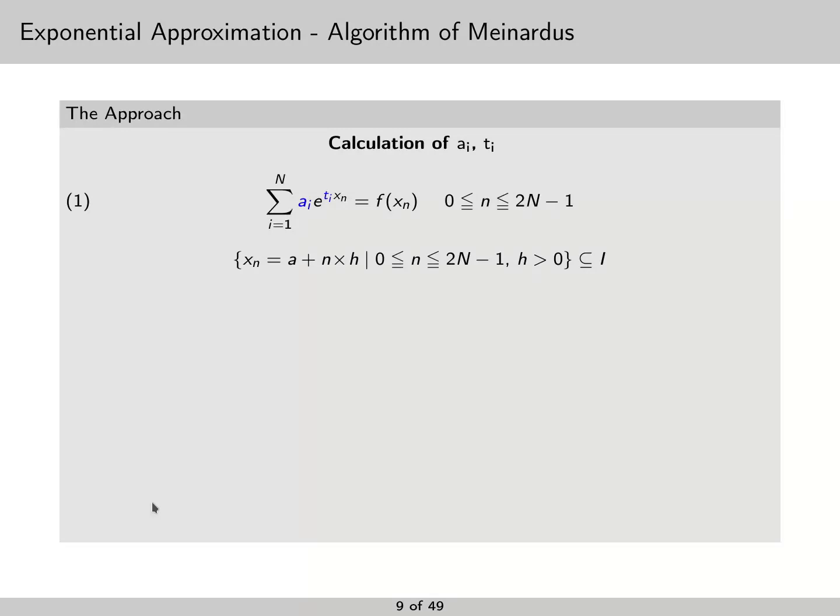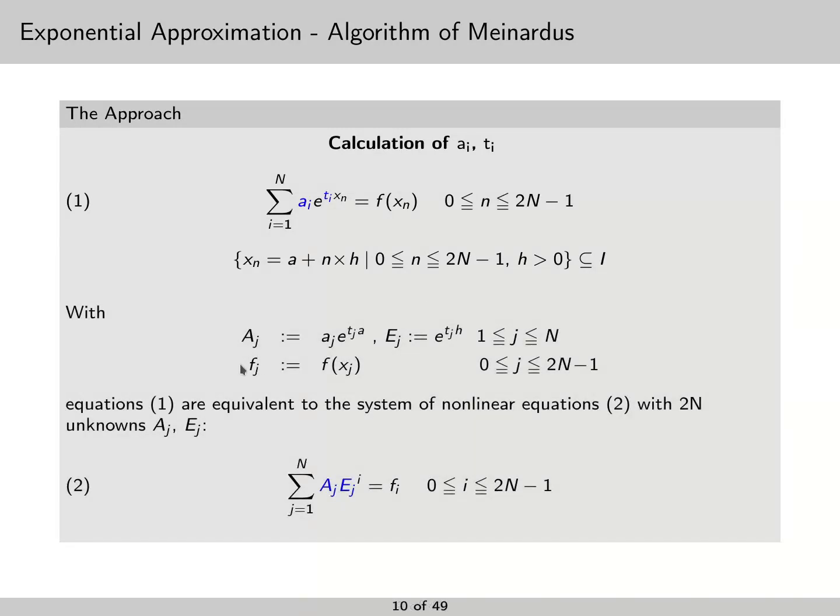So, the problem consists in calculating 2n coefficients a_i which satisfy the system of equations 1 with this set of equidistant points. Meinardus tackles this problem as follows.